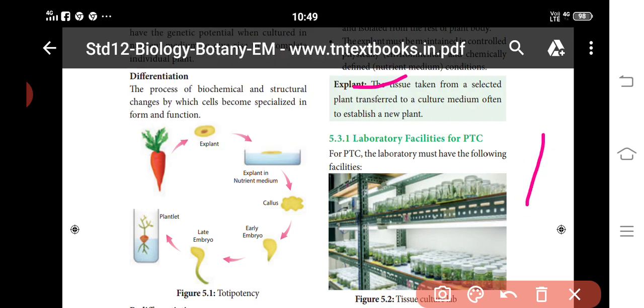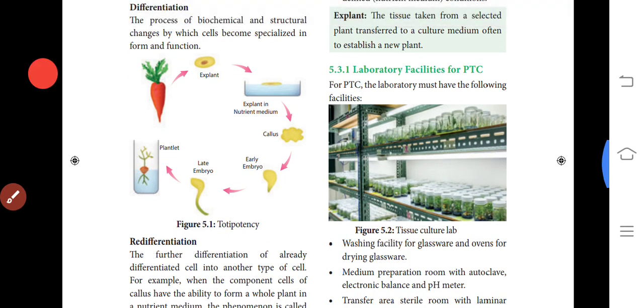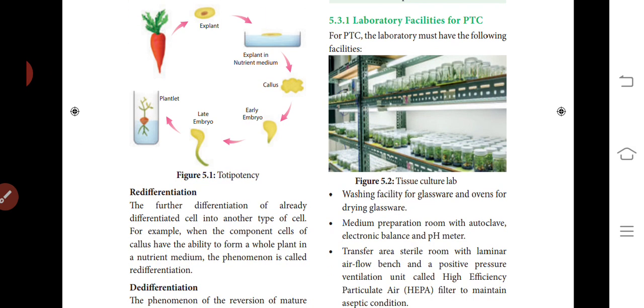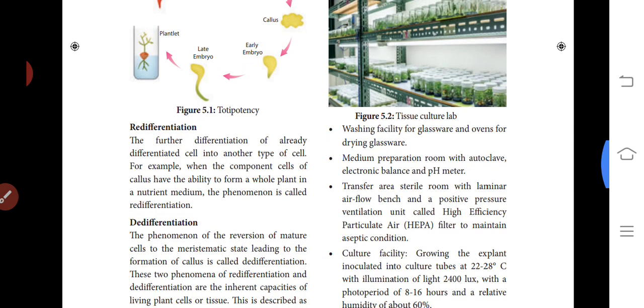Next, laboratory facilities for PTC, plant tissue culture. What are the requirements for plant tissue culture? Washing facility for glassware and ovens for drying glassware. Medium preparation room with autoclave, electronic balance and pH meter.